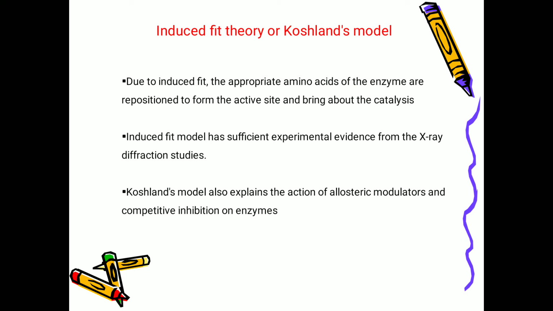Due to the induced fit, the appropriate amino acids of the enzyme are repositioned to form the active site and bring about the catalysis. The flexible nature of the active site is because of the repositioning of the amino acids to form the active site.